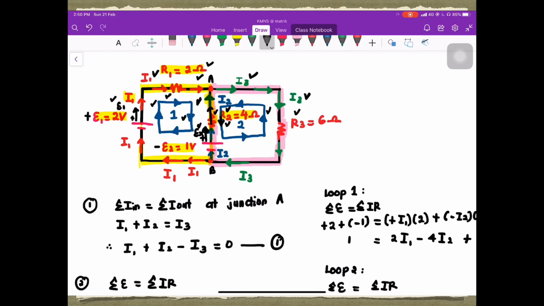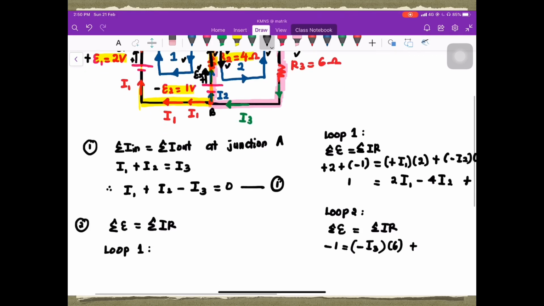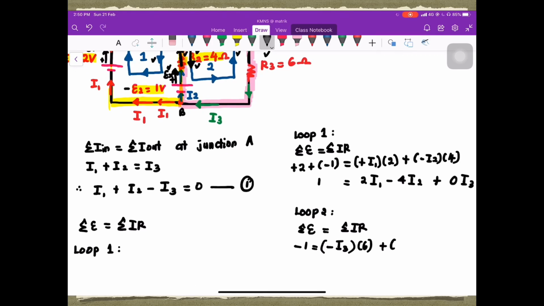The current through R2 is blue I2, upward, but the nearest loop is downward, so negative I2, and R2 is 4 ohm.